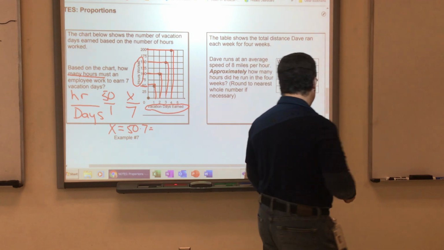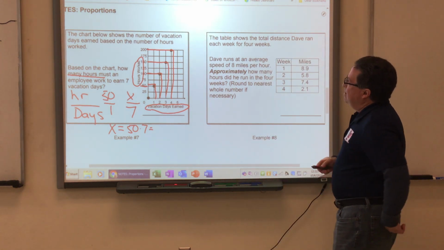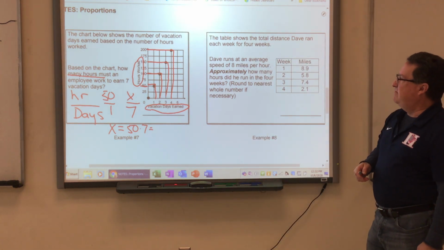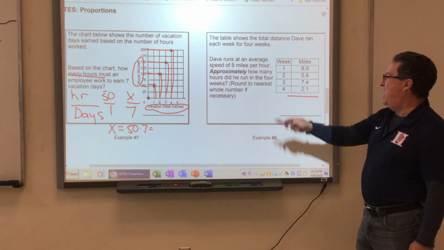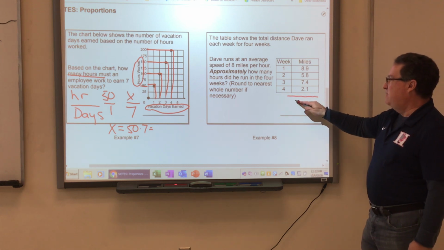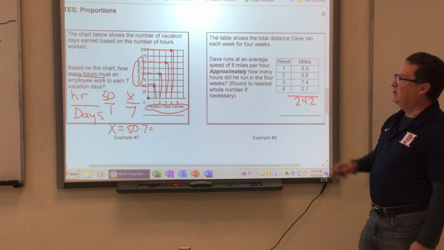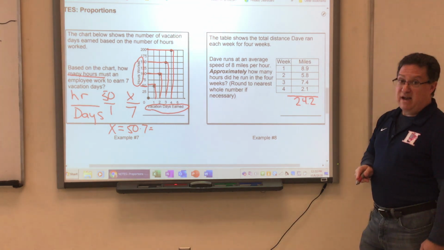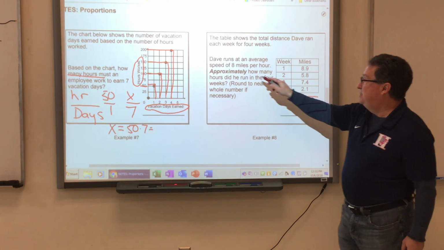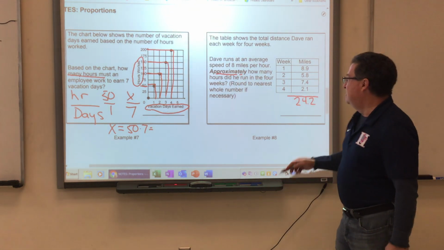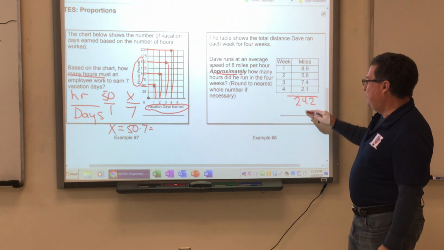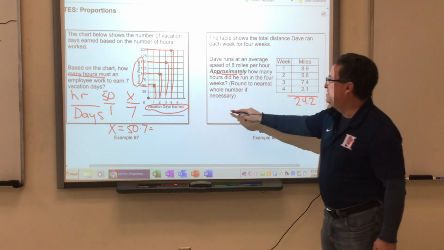Last but not least, the table shows the total distance that David ran. If I was to add these up, I would get a number that tells me the total amount of miles, just like the triathlete. It also says approximately, so after I add all those up, I'm going to use my approximate number.